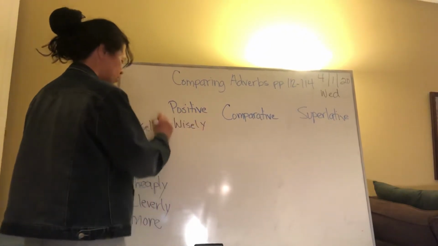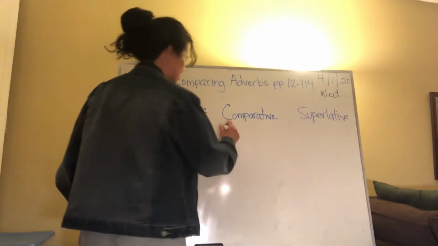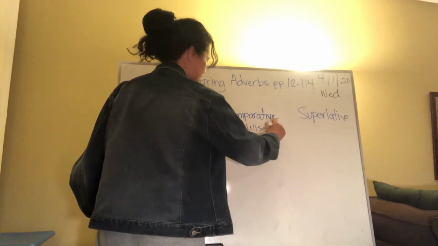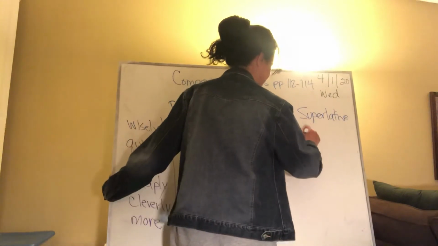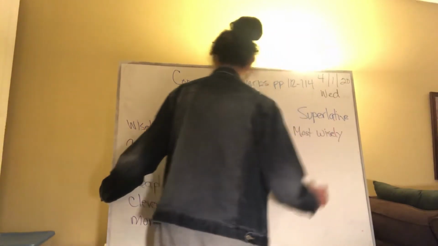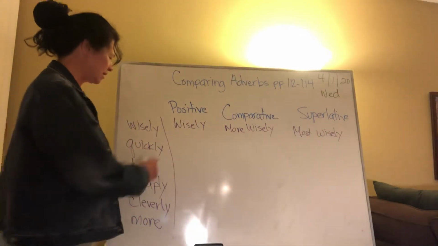I just put the words over here so you can see them. And then the comparative would be, good, more wisely. I'm just capitalizing these so you can see them. And the superlative would be most wisely. All right? Number 2, we're going to follow the same rule because it ends in ly.